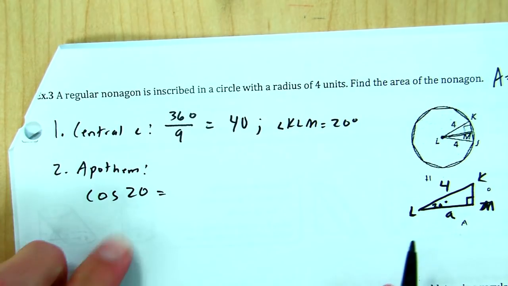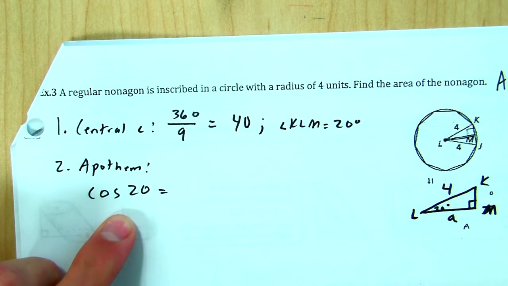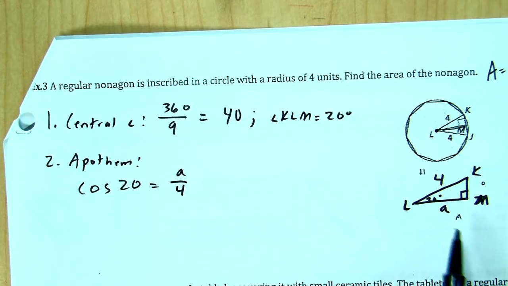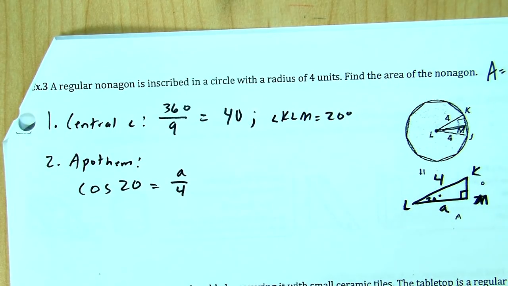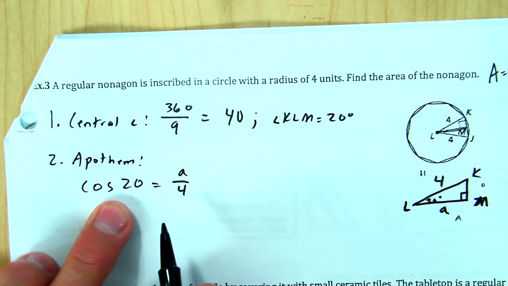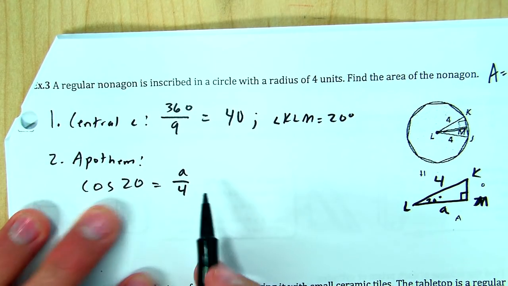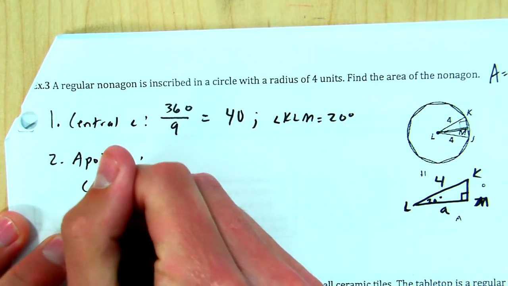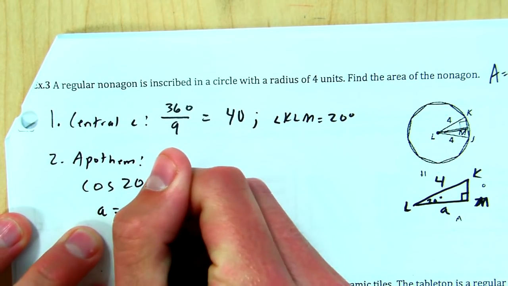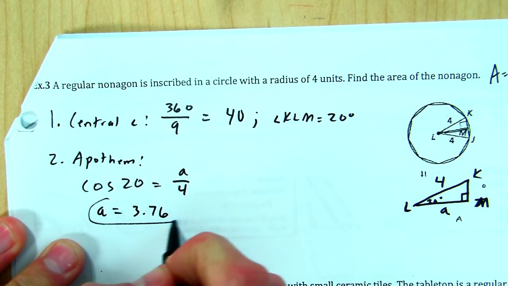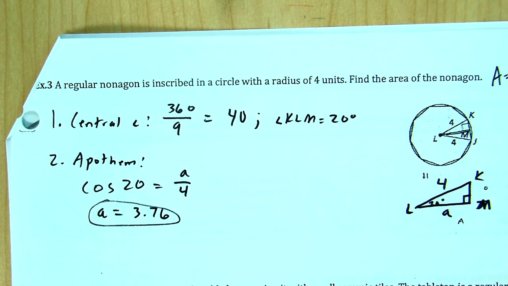So the cosine of my angle, cosine of 20, is the apothem over the hypotenuse, A over H, apothem over 4. And now remember, when we solve this, you do the cosine of 20 on your calculator. To get rid of a divide by 4, you'll multiply each side by 4, and you find out that the apothem is equal to 3.76. 3.76 is that side length.